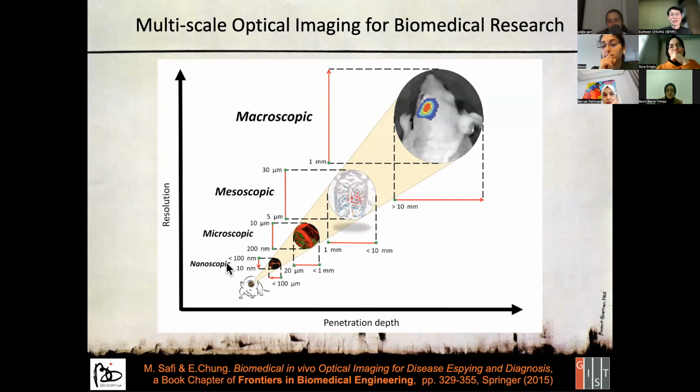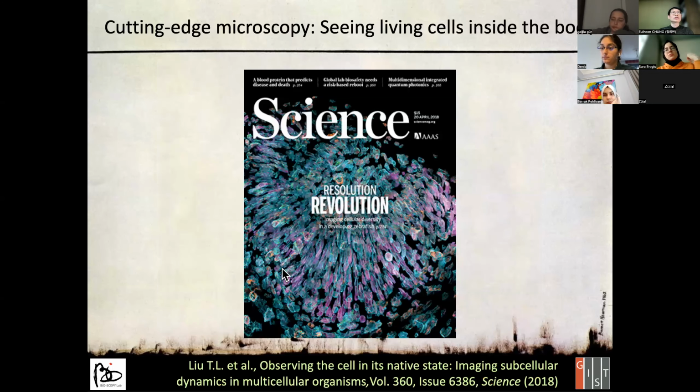We call that nanoscopy. In this case, a super resolution microscope reveals dendritic spines. It's very small, but with higher resolution, unfortunately, your extent of seeing things in depth is shallow, in this case less than 100 microns. That shows a trade-off: if you want higher resolution, you may not be able to see deeper inside the tissue. I think this is a basic thing to know.